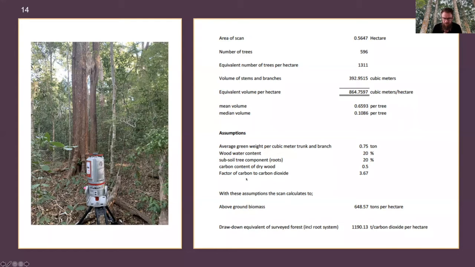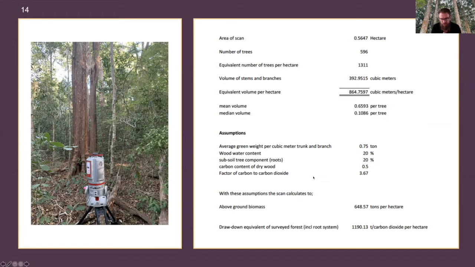And then we use a factor of carbon to carbon dioxide, which is 3.67. And this refers to the relative atomic weights of carbon and carbon dioxide. So the atomic weight of carbon is 12. The atomic weight of carbon dioxide is 44, because it's 1 unit of carbon at 12, plus 2 units of oxygen, which each have an atomic weight of 16 each.